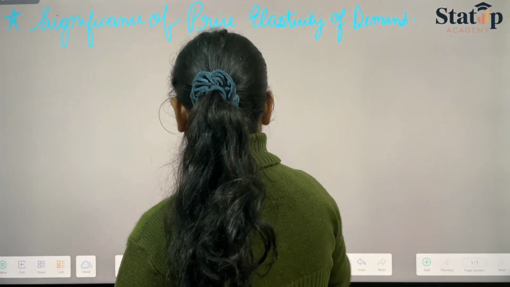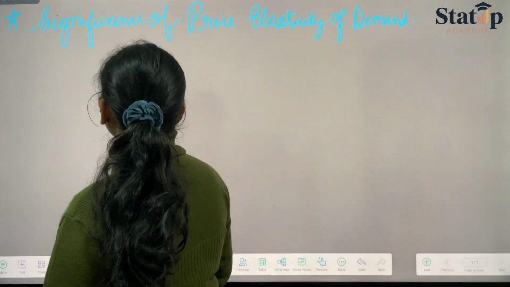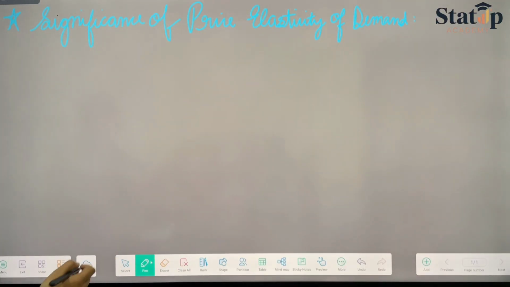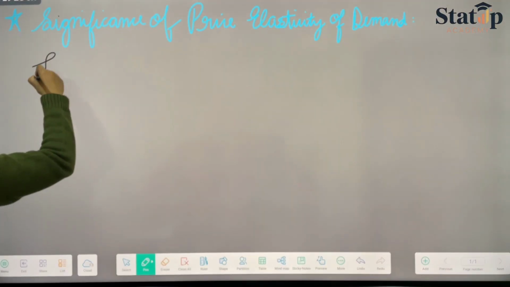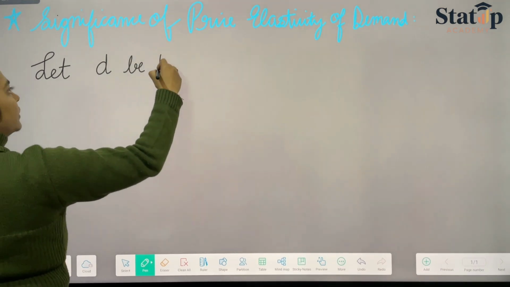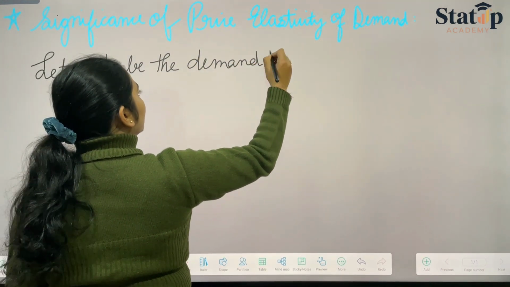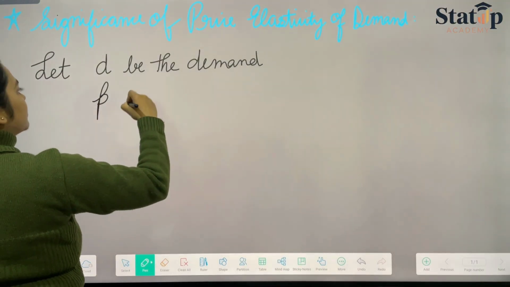What is the significance of price elasticity of demand? Let D be the demand and P be the price.